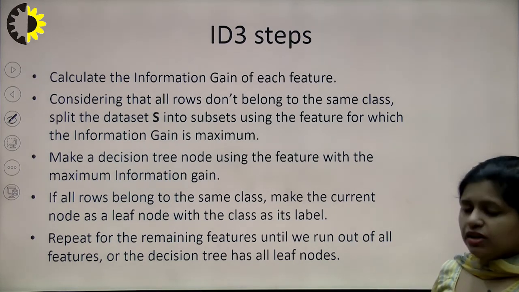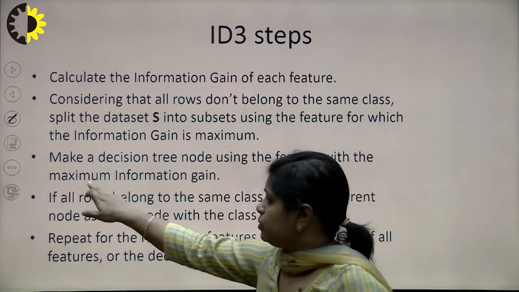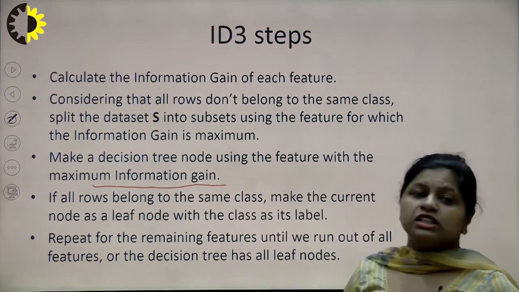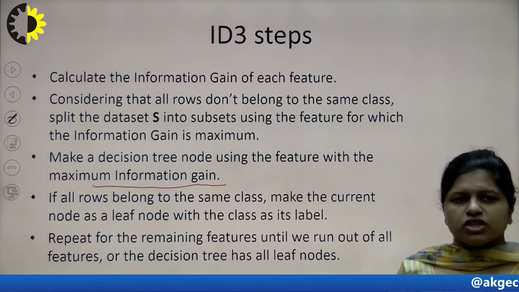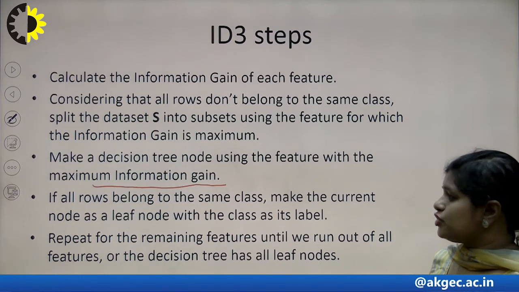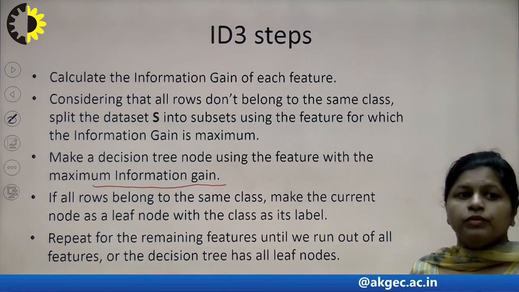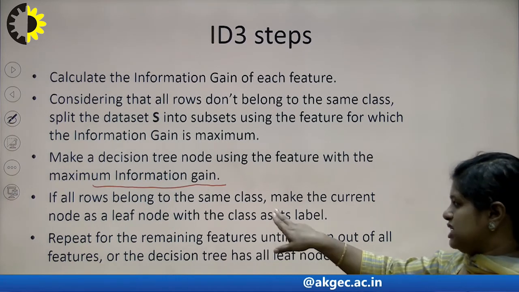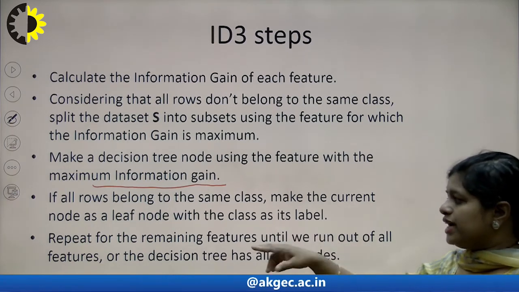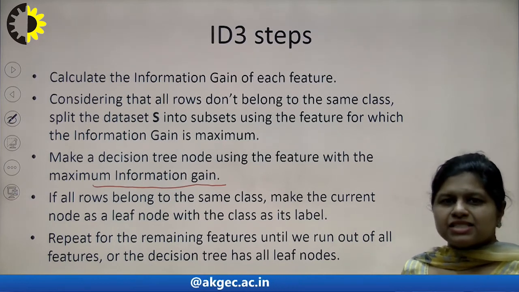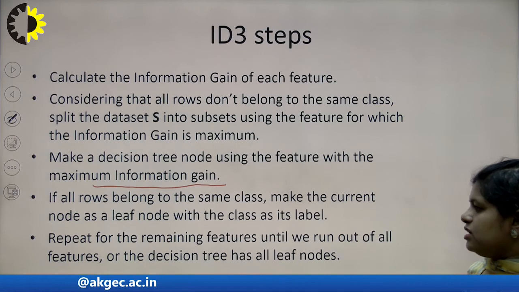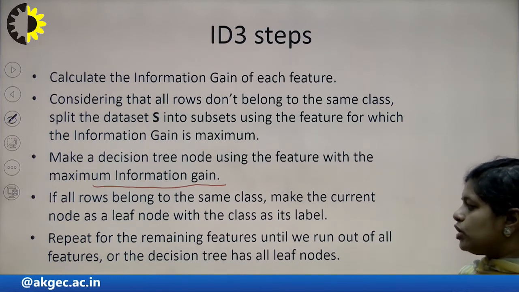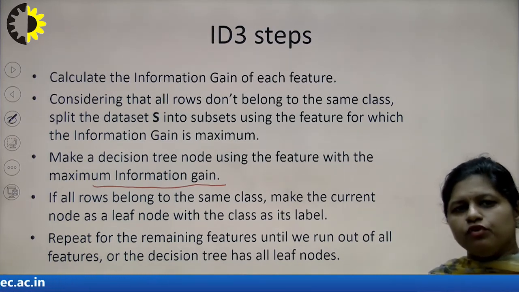So the most important point that we need to remember here is the maximum information gain. The feature which has the maximum information gain is taken by the ID3 algorithm. If all the rows belong to the same class, make the current node a leaf node with the class as its label. Repeat for the remaining features until we run out of all the features or the decision tree has all leaf nodes.